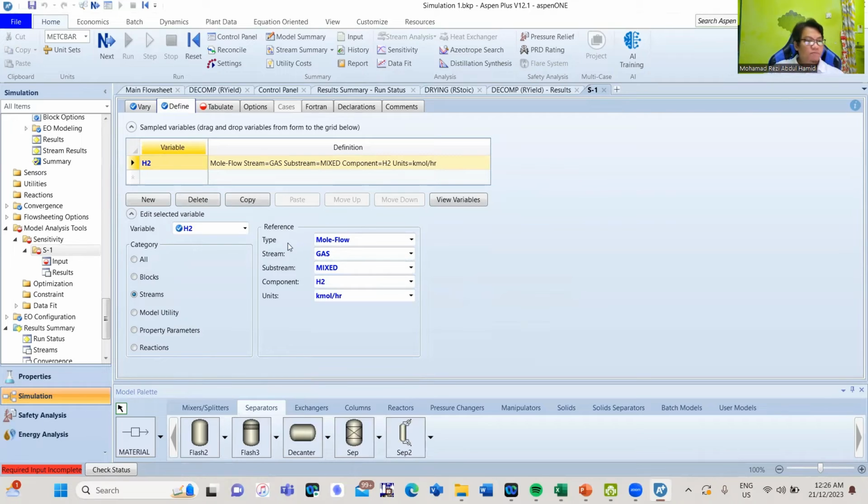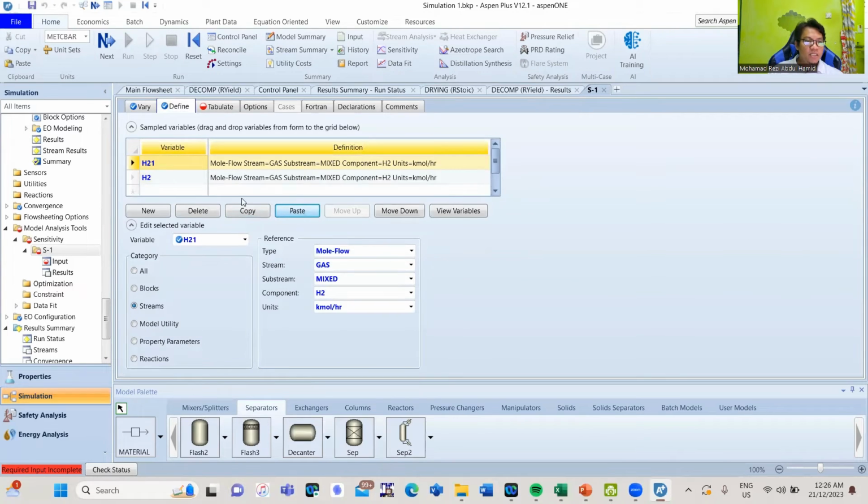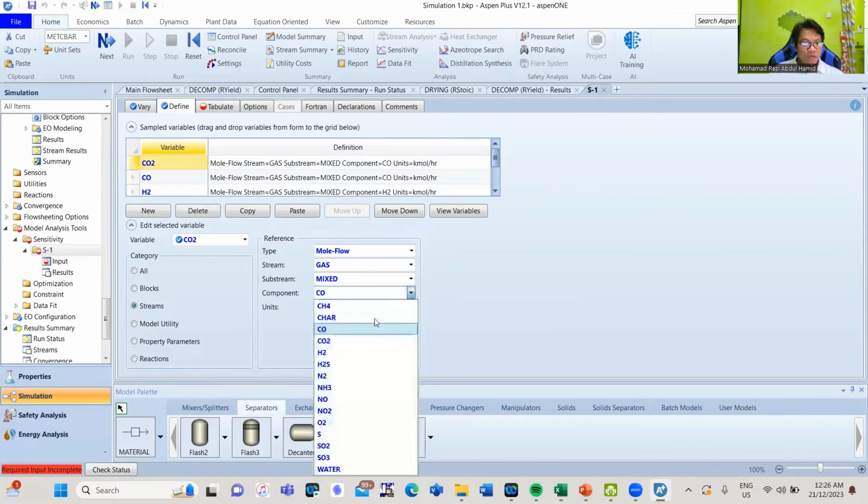Okay, next, I don't want to repeat, so I'm just going to copy and then paste. This one will become CO first. You click here and change the gas to carbon dioxide. Again, copy. You can do one by one, but I'm too lazy to do this. So CO2, change the gas to CO2.